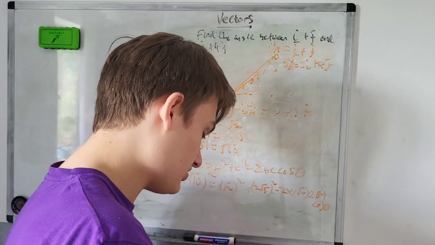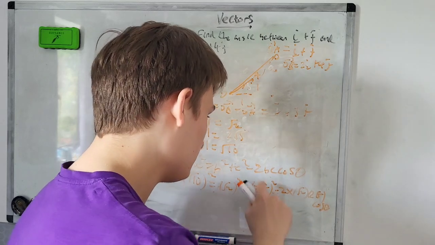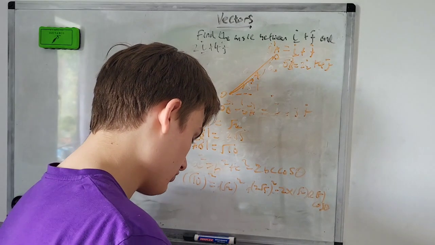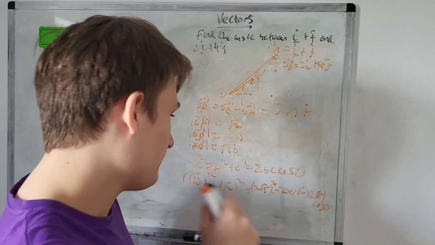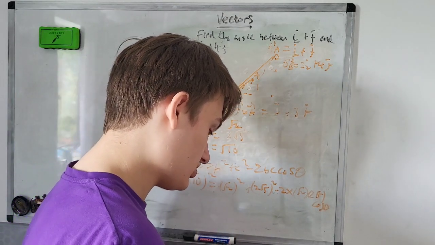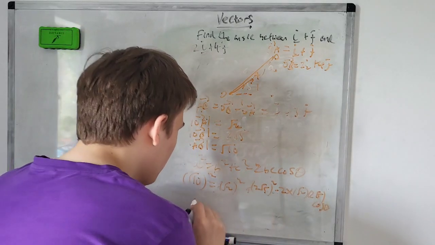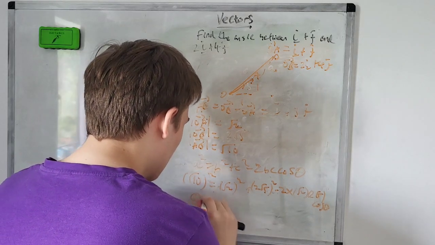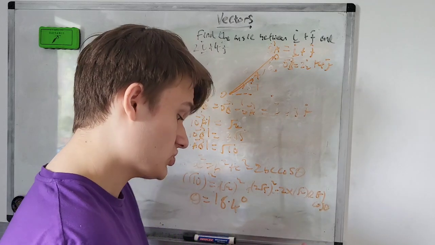Minus the root 10 squared over this thing, which was 2 times root 2 times 2 square root 5. And then we do the inverse cosine of that, and we get 18.4. So the answer is 18.4 degrees.